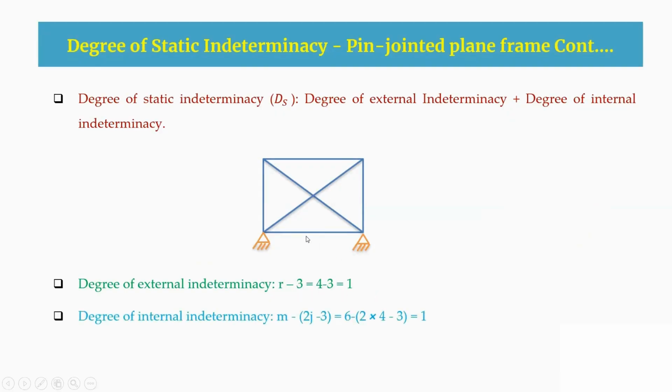Now the degree of internal indeterminacy will be equal to m minus (2j minus 3). Here there are 6 members and 4 joints, 1, 2, 3 and 4, so the internal indeterminacy will be 1. Now the total degree of static indeterminacy will be internal plus external, that is 1 plus 1, 2. Therefore, the total degree of static indeterminacy for this truss will be 2.